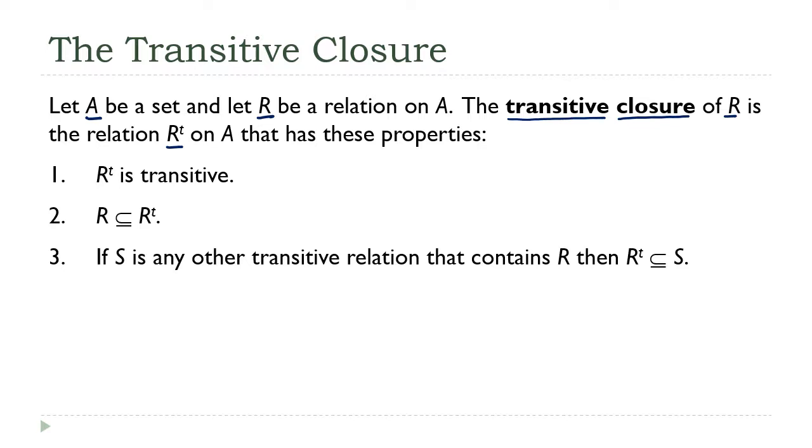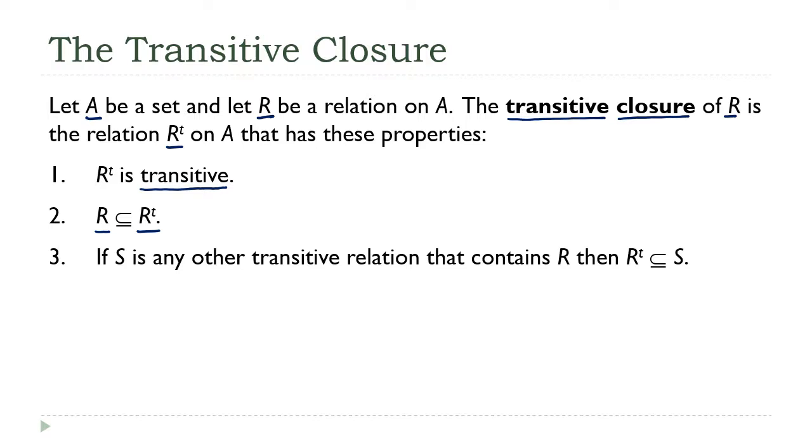All right, so what properties does this thing have to have? Well, first, it has to be transitive. That is kind of the point, right? We want this to be a transitive relation. The original relation is a subset of the new one. Okay, so this new relation has everything that the original one had plus some.